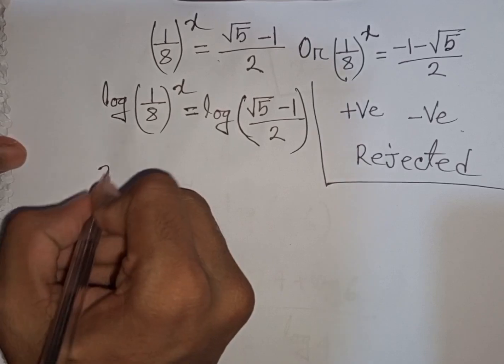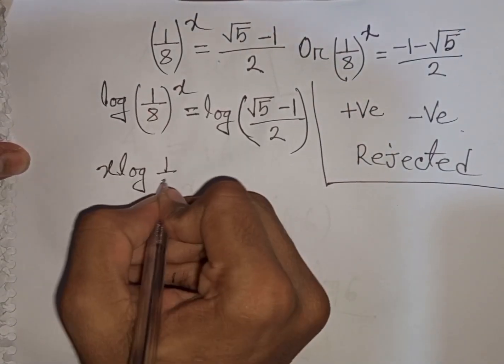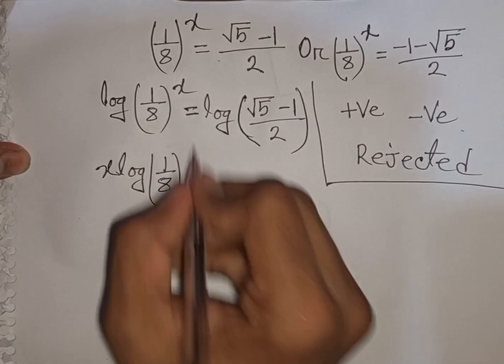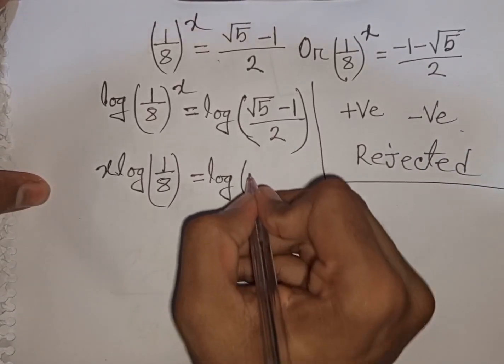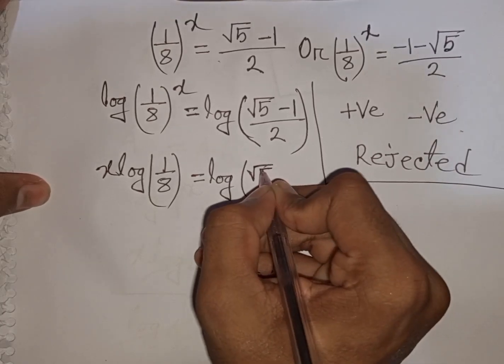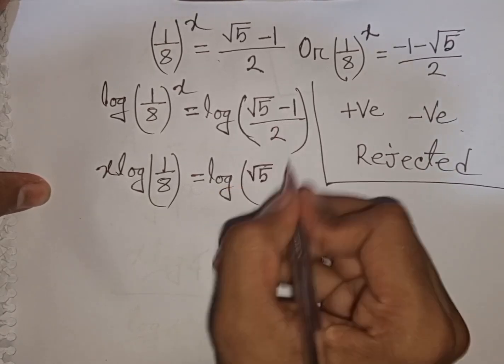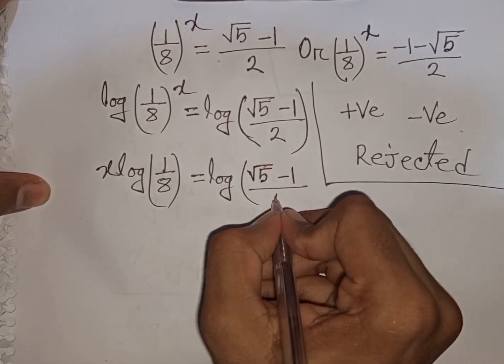So, it will be x log of 1 by 8 is equal to log of a square root of 5 minus 1 divided by 2.